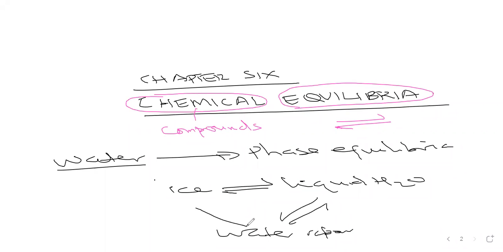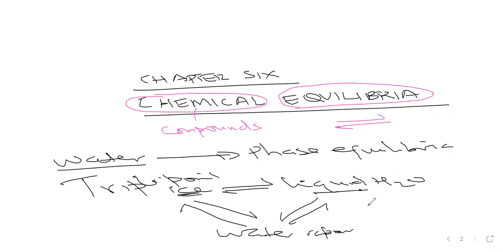And when the water vapor is also in equilibrium, that can also happen with the ice. When all the three are in equilibrium, then we talk of what we call the triple point.